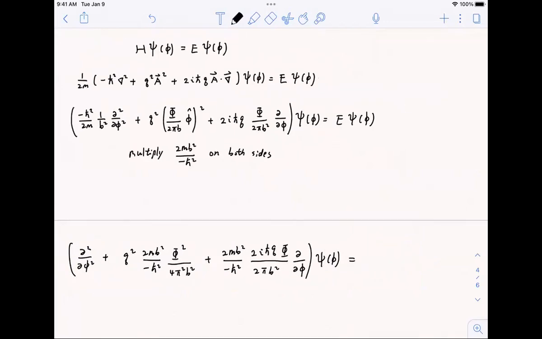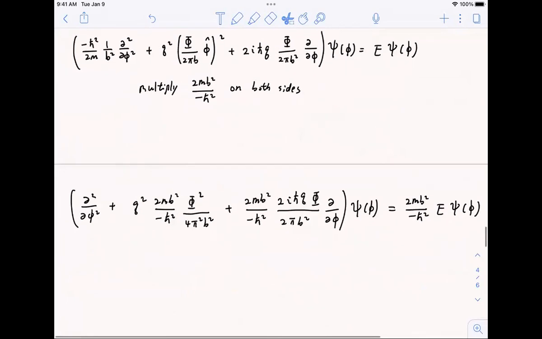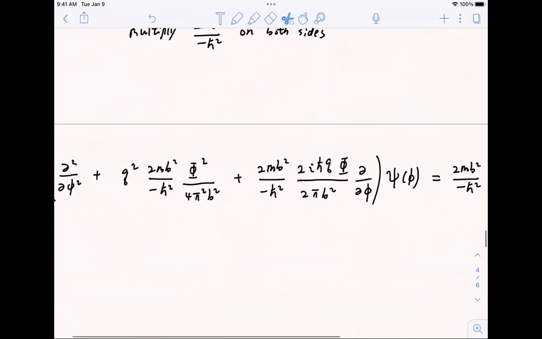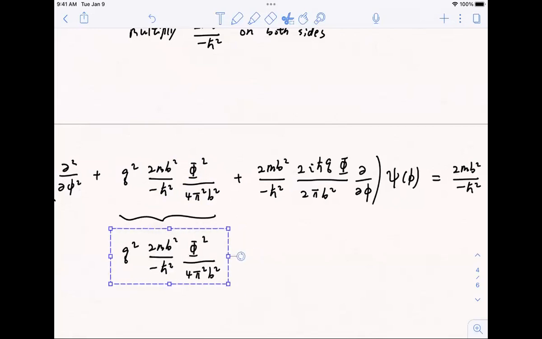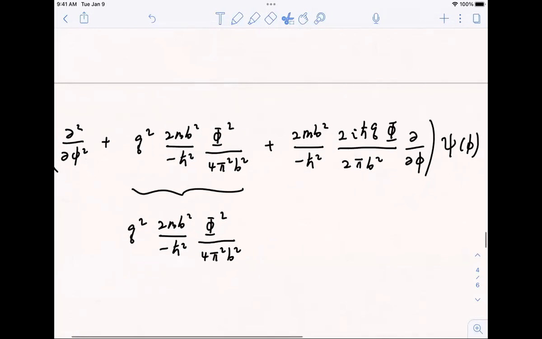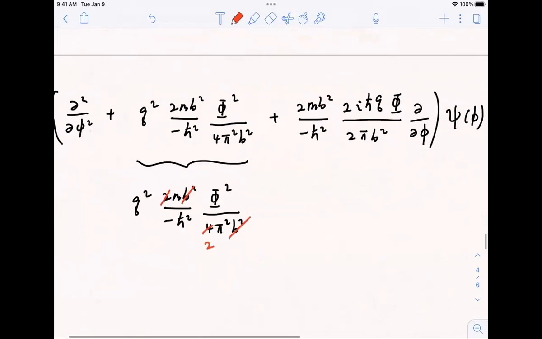And then same. Yeah, sorry, the algebra is a bit tedious, but okay, so we're going to simplify one by one. For this term, then this will become 2. This will cancel, this will cancel.